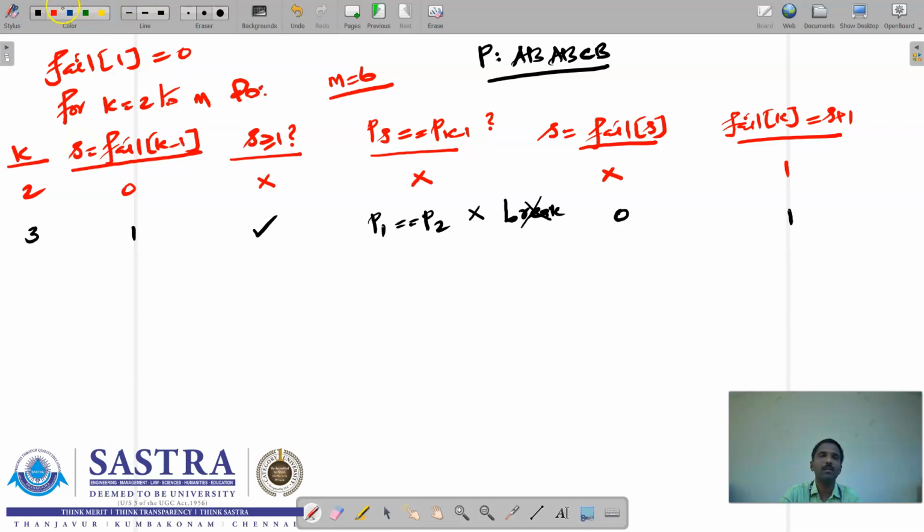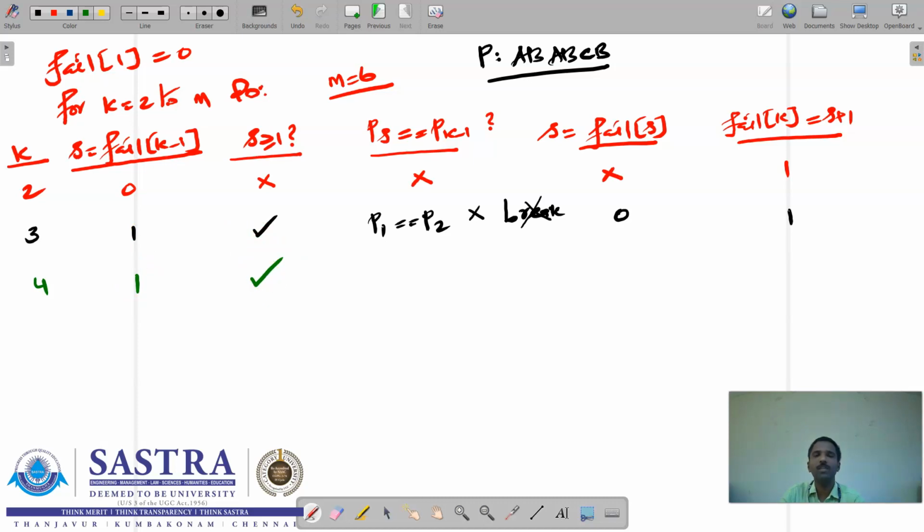Then fail of 4. S is equal to fail of k minus 1. Sorry, k is 4. 4 minus 1, 3. Fail of 3 is 1. Checking if S is greater than or equal to 1, the condition is true.